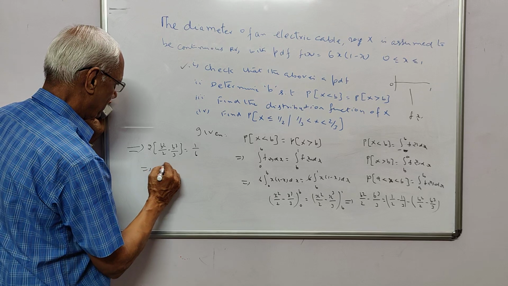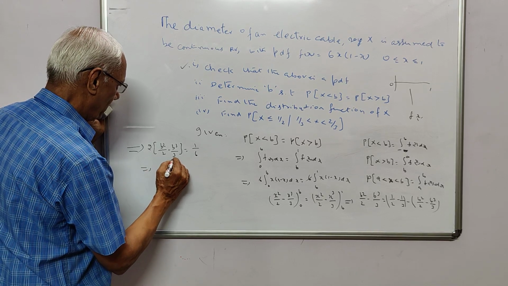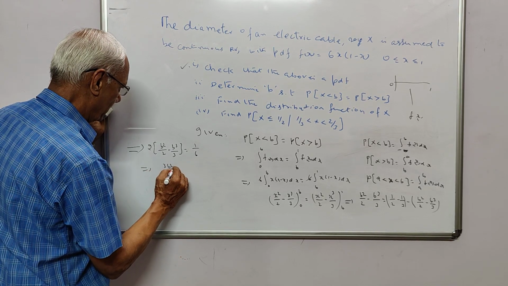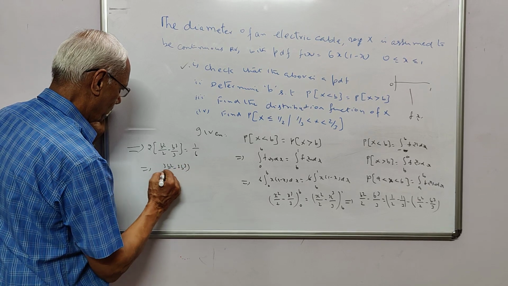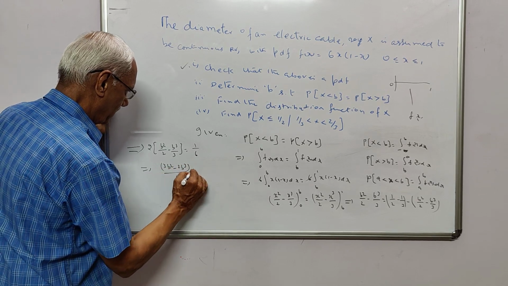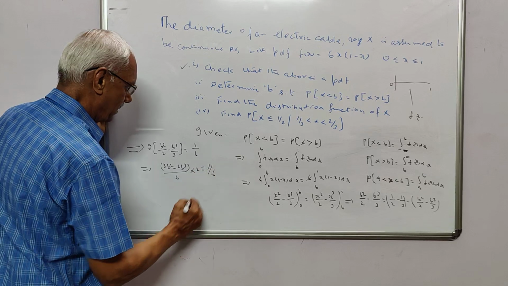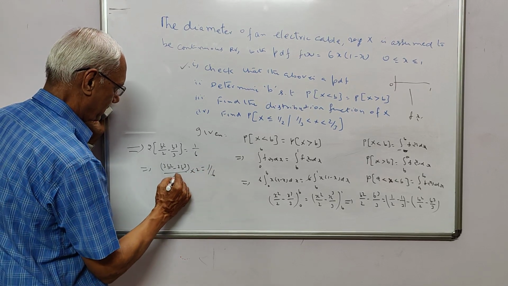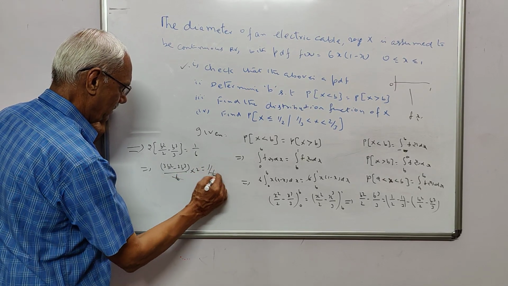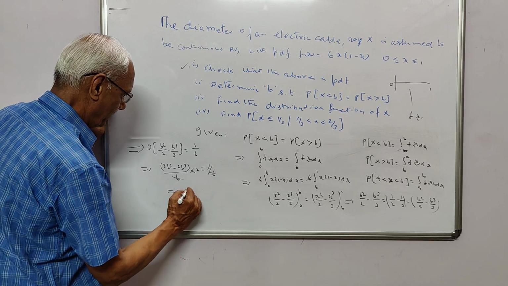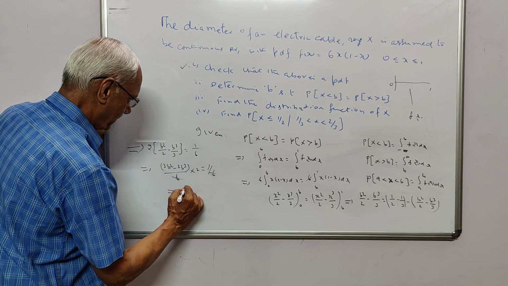So 3b squared minus 2b cubed over 3 equals 1 by 6.